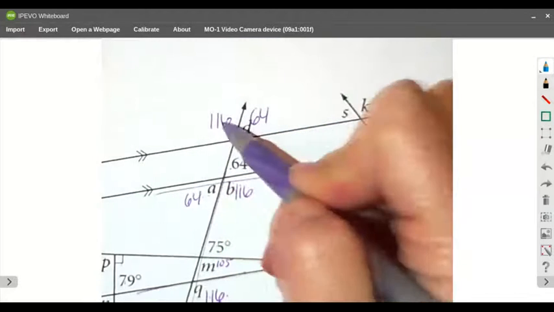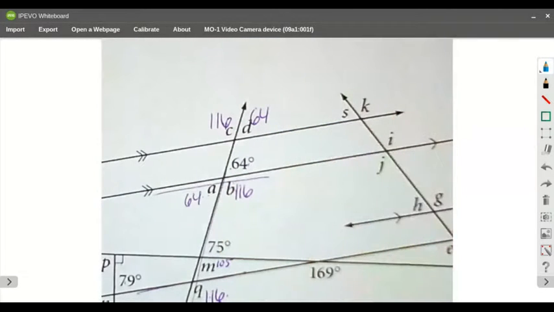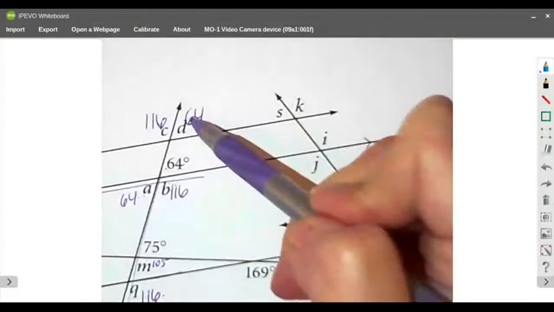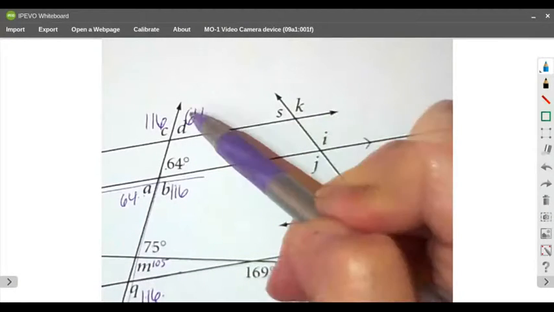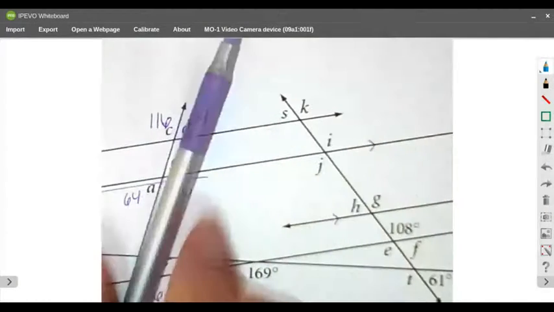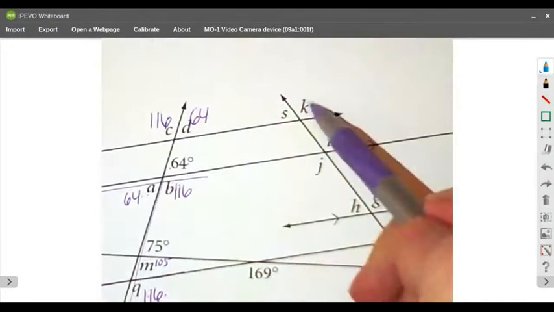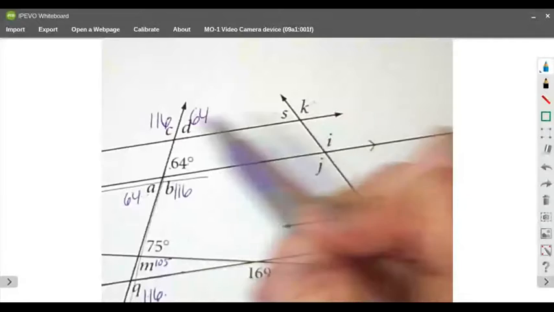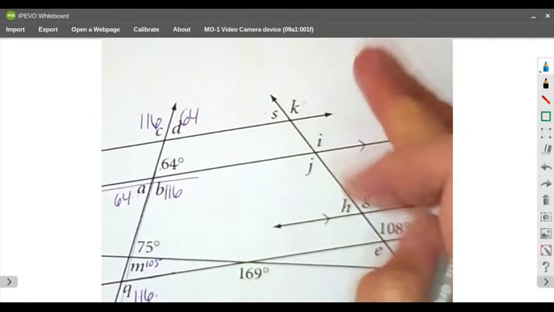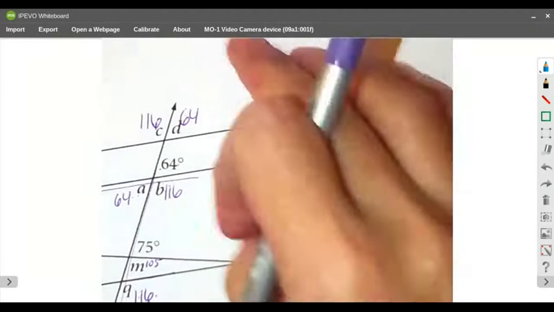Or you could say C and B are alternate exterior. Now, while D and K are corresponding, the lines that make them, this one and this one, are not parallel. So this would not be 64. This would not be 116. To get these, we have to use this transversal and these parallel lines.